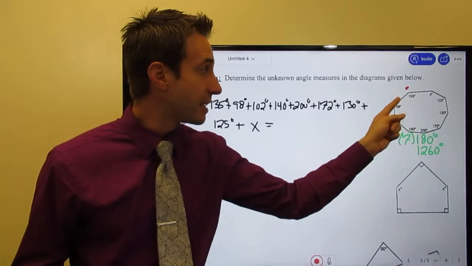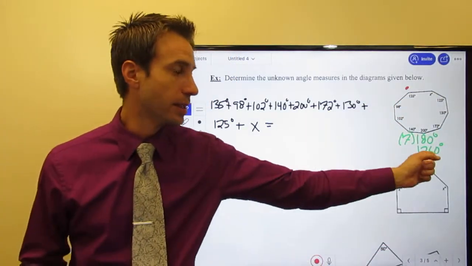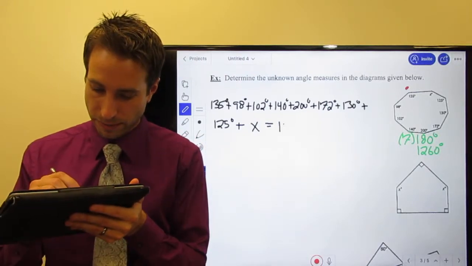Now, when I add together all of those angles, what does it need to sum to? Got to sum to 1,260.